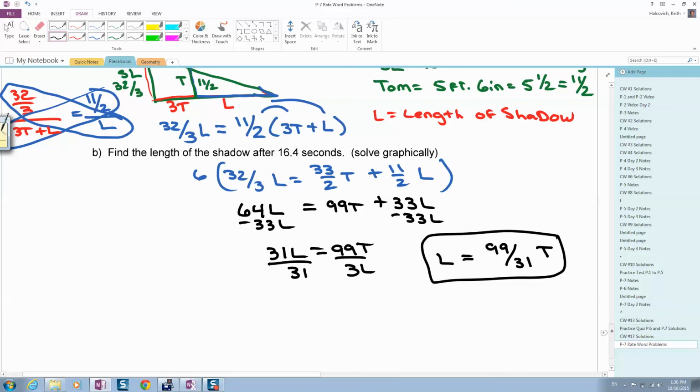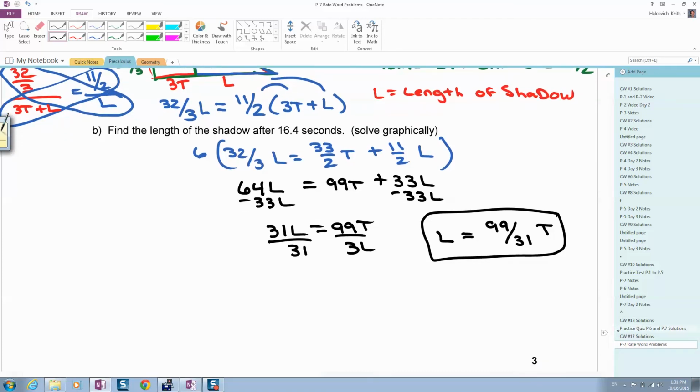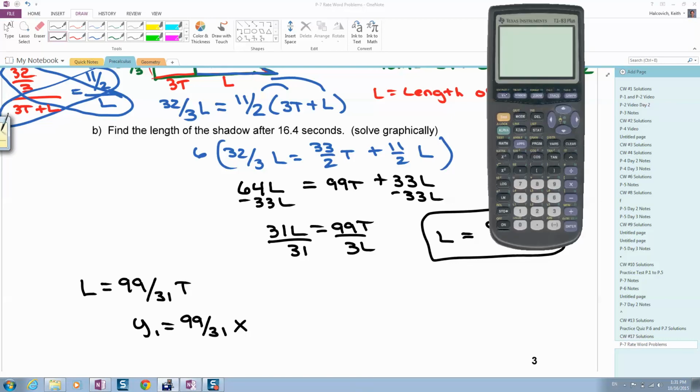Now it says find the length of the shadow after 16.4 seconds. Well, remember, L is equal to 99 over 31t, so that's your y sub 1. 99 over 31x. Put that in your calculator.